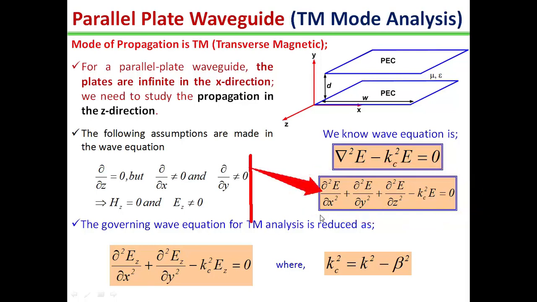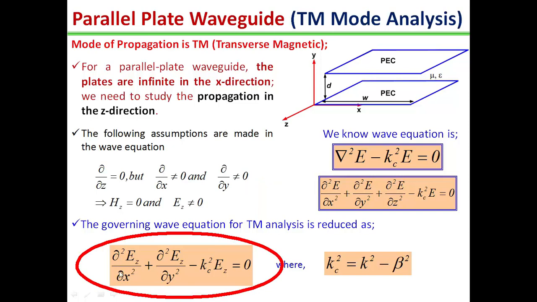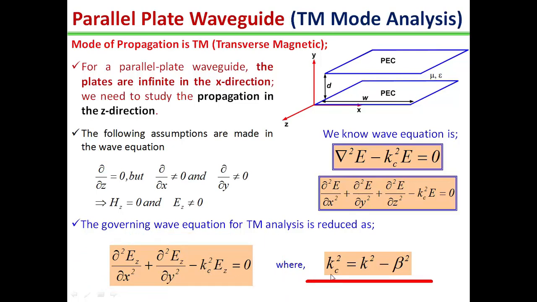For the TM mode analysis, we have a certain assumption. After applying it, we find del square Ez by del x square plus del square Ez by del y square minus Kc square Ez equal to 0, where Kc square is equal to k square minus beta square. Kc is the wave number and beta is the propagation constant.